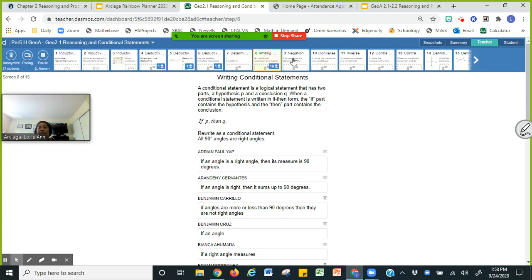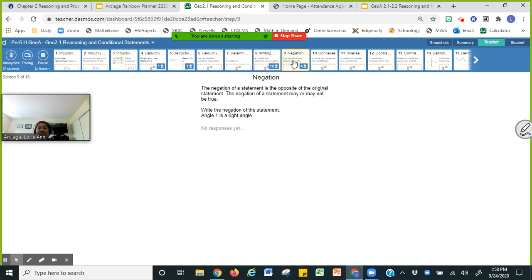Okay, so now let's move on to the other types of conditional statements. If you go to slide number nine, it's talking about the negation. It's just a fancy name for the opposite, pretty much.